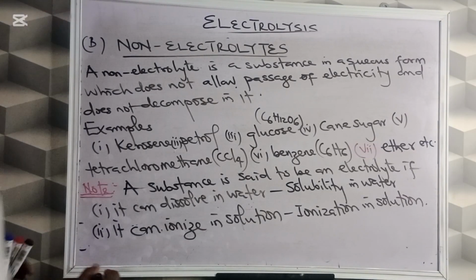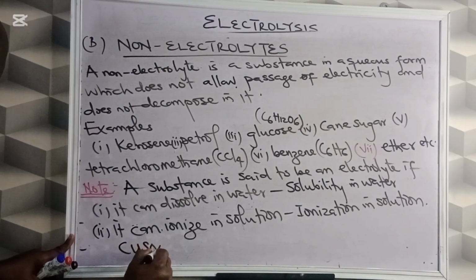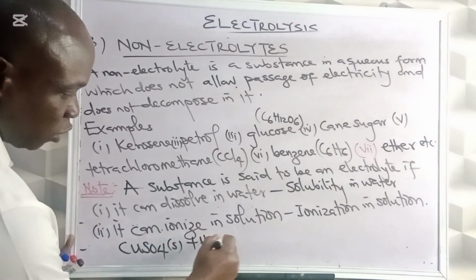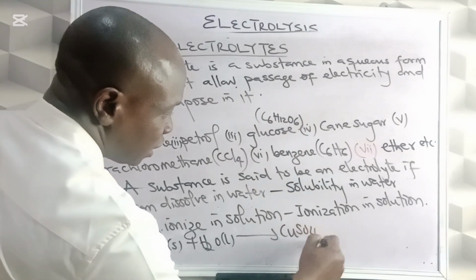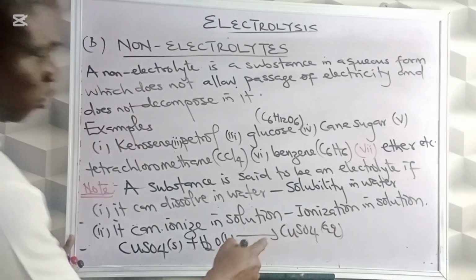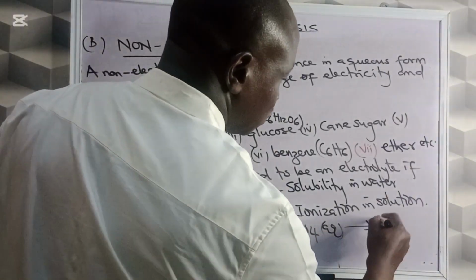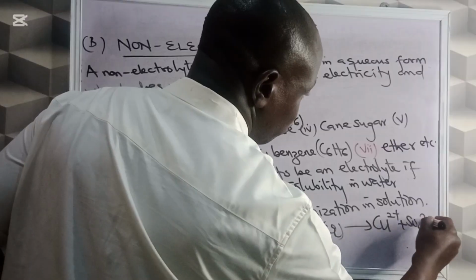For example, you have copper 2 sulfate crystal, which is solid. This will never ionize until it is dissolved in water. Once it is dissolved in water, the copper 2 sulfate is now in aqueous form. It is this aqueous form that will ionize to copper 2 ion plus SO4 2 minus.